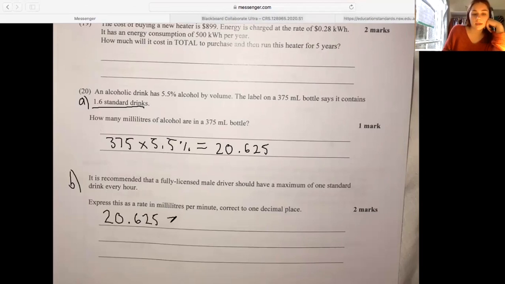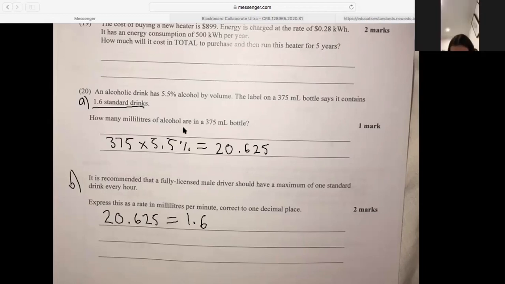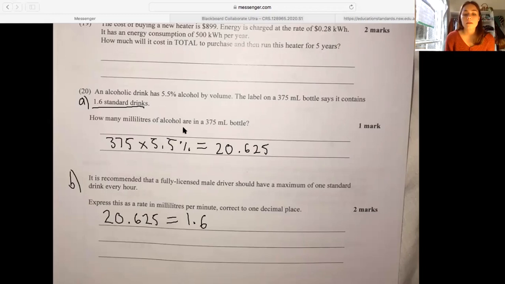I think what they want is to figure out, in the first question, how many milliliters of alcohol it is, and then to realize that that equals 1.6 standard drinks. Then you have to figure out how much one standard drink would be. So you do 20.625 divided by 1.6 to give you how much is in one. That equals 12.89.